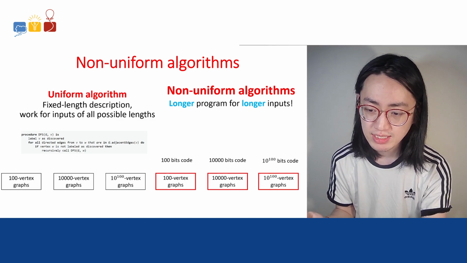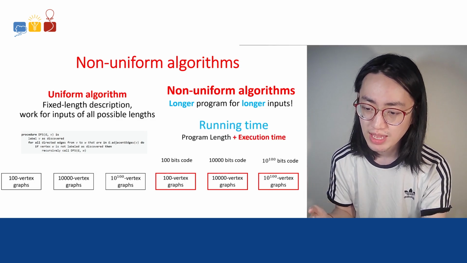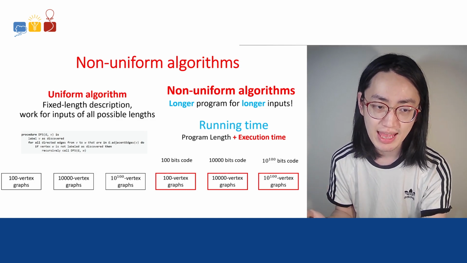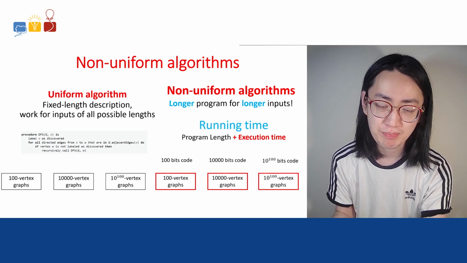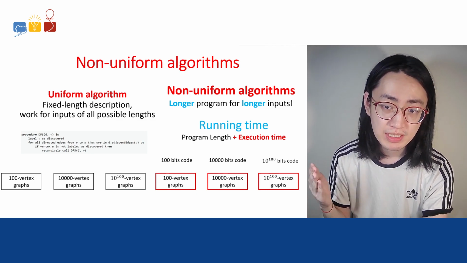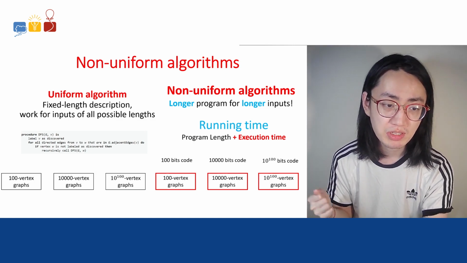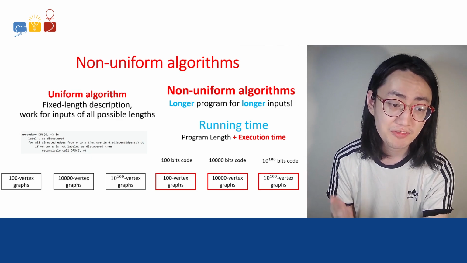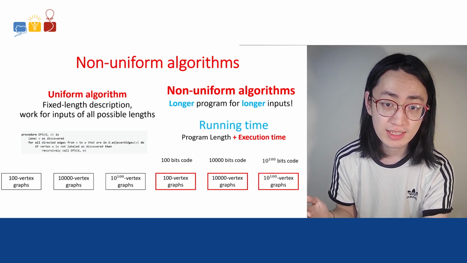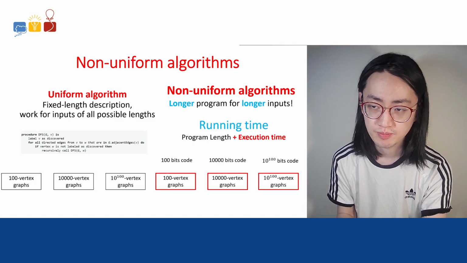The running time of the whole non-uniform algorithm on a certain input length will be measured as the worst case execution time of this particular program plus the length of the program, because now the length of the program is not fixed anymore. It could grow with the input length.